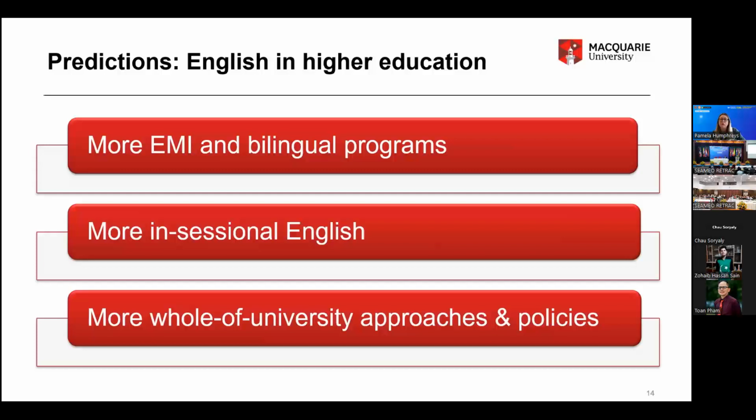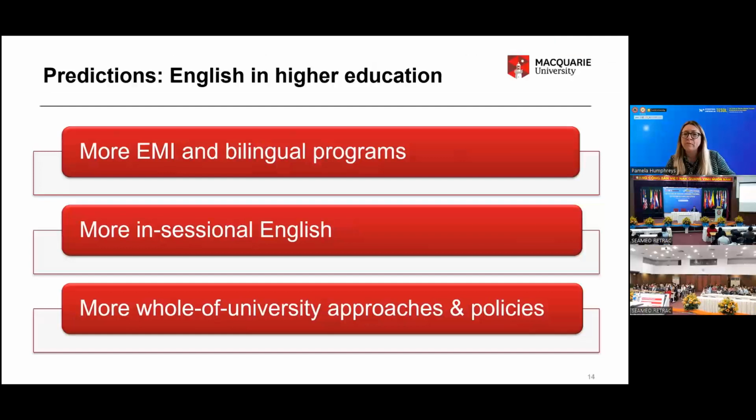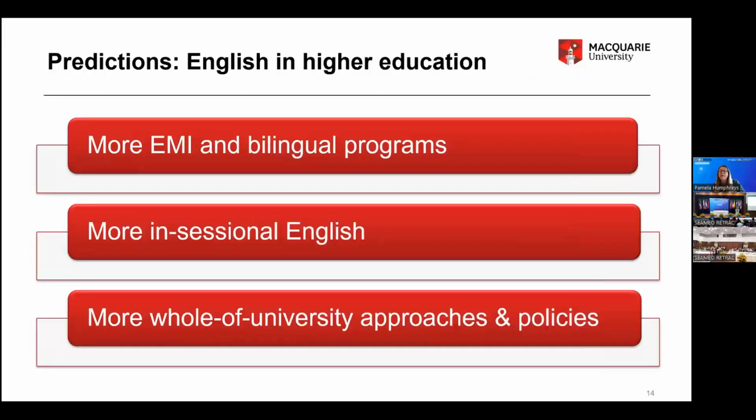So it's absolutely burgeoning, and it can happen at the individual program level, it can happen at an institution level, it can happen at a national level, but we're seeing an absolutely massive growth in higher education in EMI in non-Anglophone nations. So I think that there's definitely going to continue to be an increase in EMI and bilingual programs.